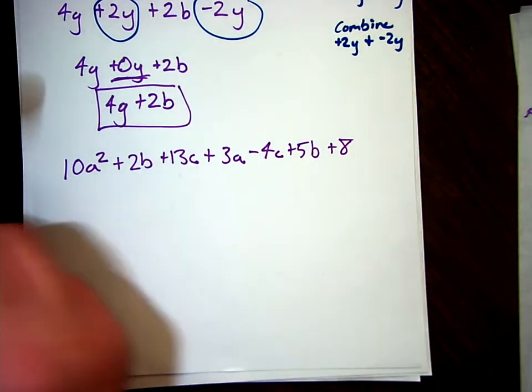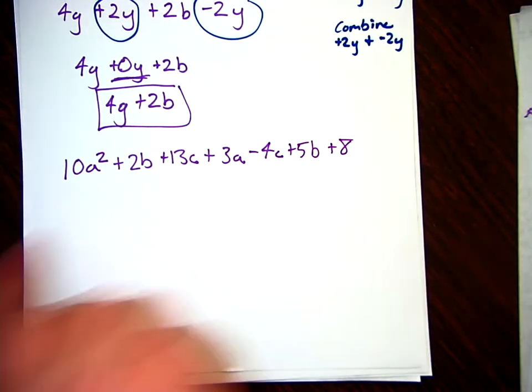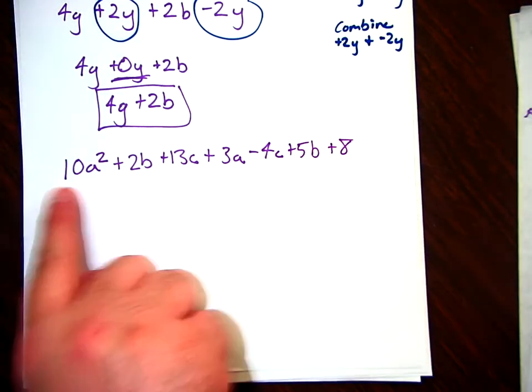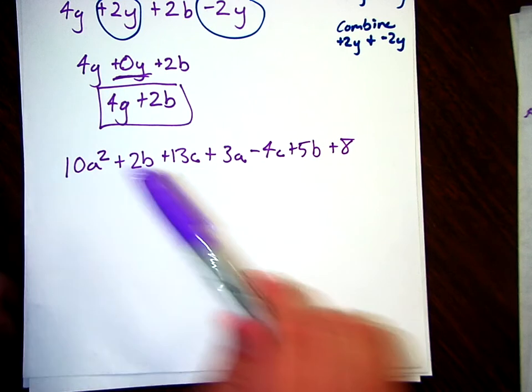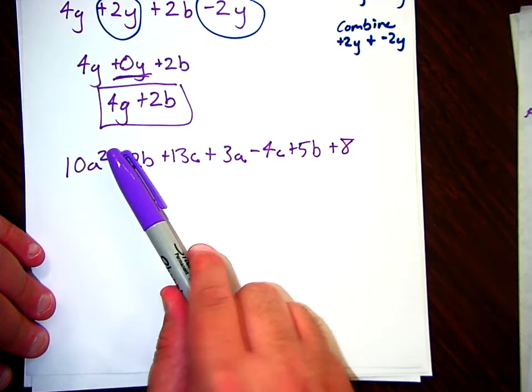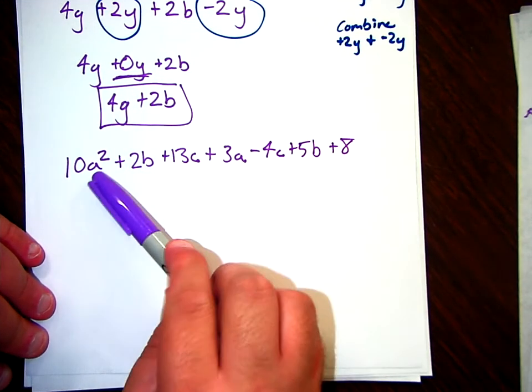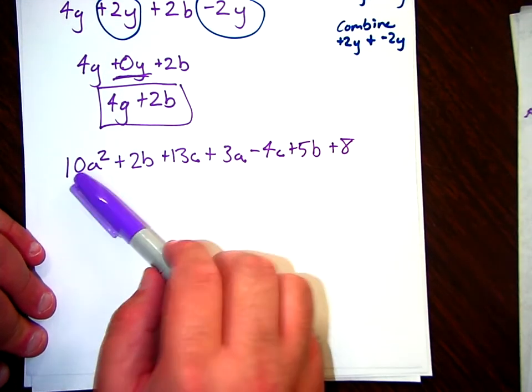Okay. Given this expression, we want to combine all the like terms in there. Now, this guy right here is an a squared. Okay, don't freak out. We just need to make sure that we find another a squared for him to be paired with.